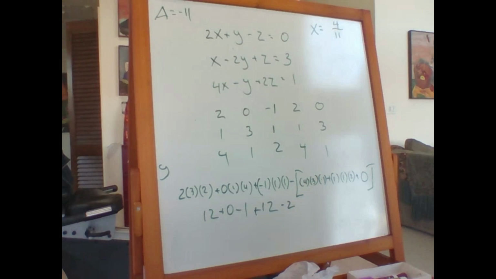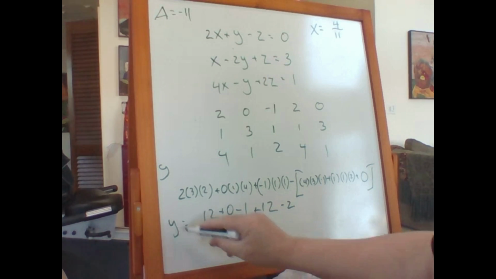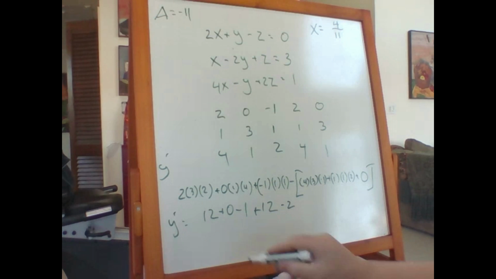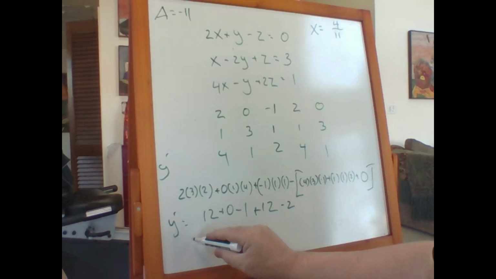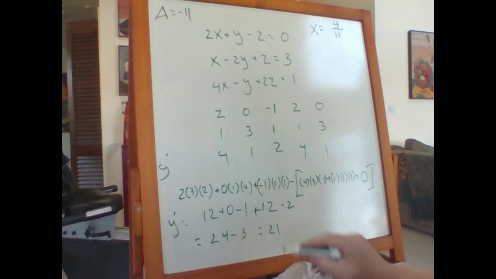Okay, so that's 0. So we have y prime equals, it's not exactly y, let's call them y prime. We have 24 minus 3 equals 21.